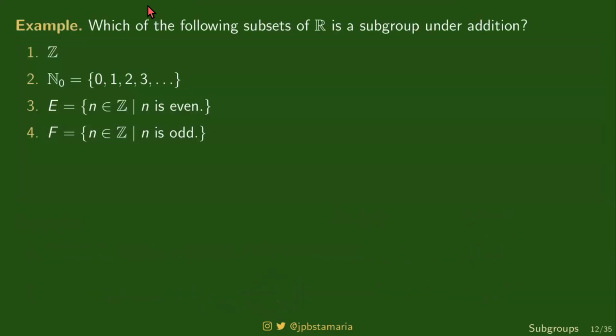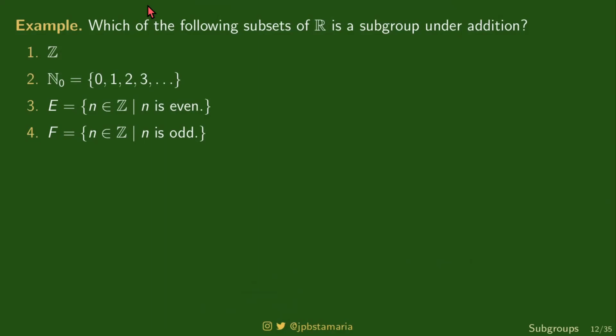Okay? So let's consider the following. We know that under the ordinary addition, the real numbers form a group. Now, which of these subsets form a subgroup? So, i-check natin isa-isa. How about the set of integers? Ano yung kailangang i-check? Identity.